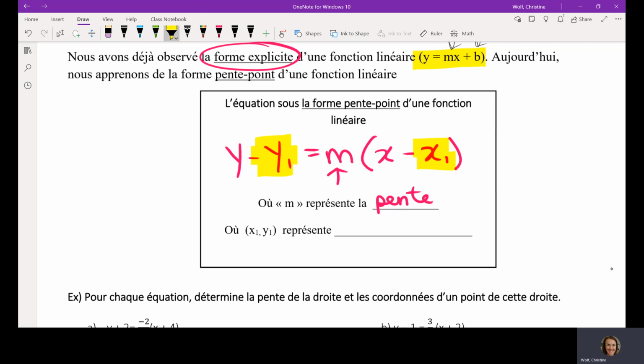Ce qu'on fait, on prend ces deux valeurs et on les met dans une coordonnée. This is a coordinate, that's a point. So je prends x1, like I pluck that number out, I pluck out the y1, et ceci représente un point sur la droite.